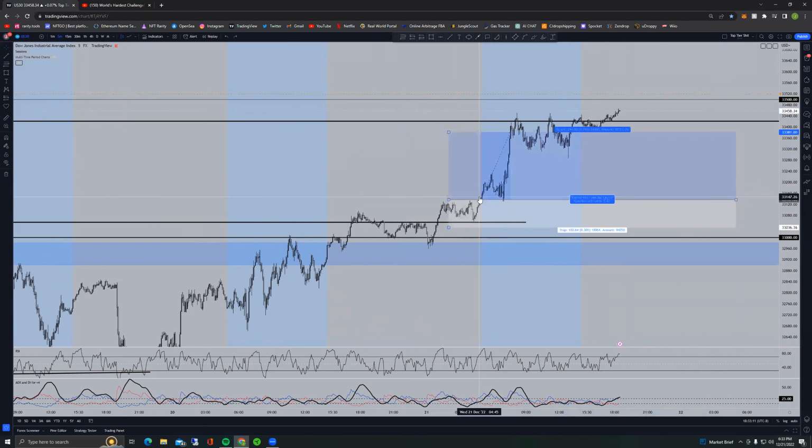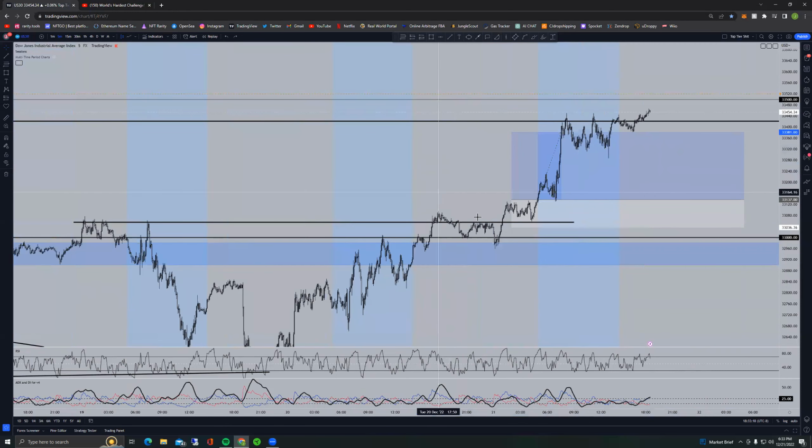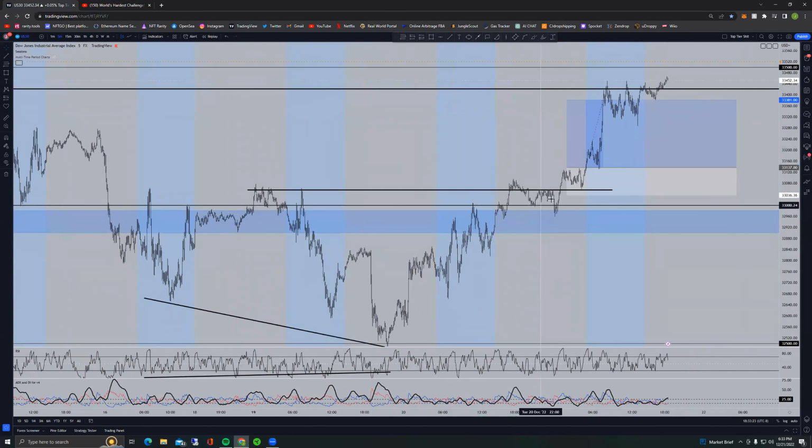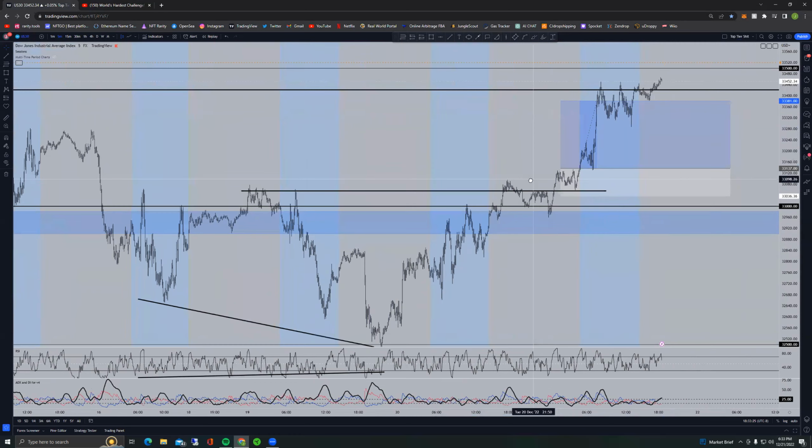Where does it land? It lands right here. Okay, 4:55, right before the 5 a.m. New York session.